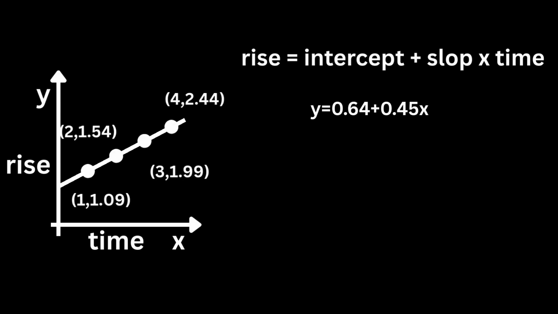Now let's take an example of an exact equation, that is y is equal to 0.64 and 0.45. These are the exact equation that we take as an example, and these are the corresponding values for x equal to 1, 2, 3, and 4.